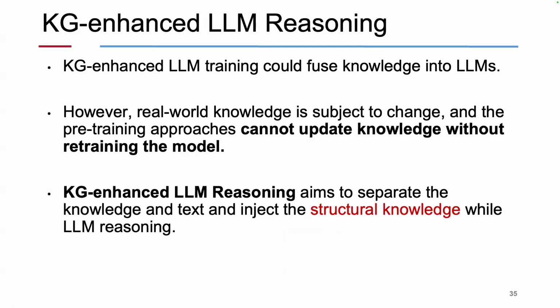So this kind of training requires lots of resources, and it's not practical for adapting to real world change. Like the example we have shown, Donald Trump made the decision on the tariffs change even within a week. So it's impossible to train a large language model in a daily period to adapt to this kind of real world change.